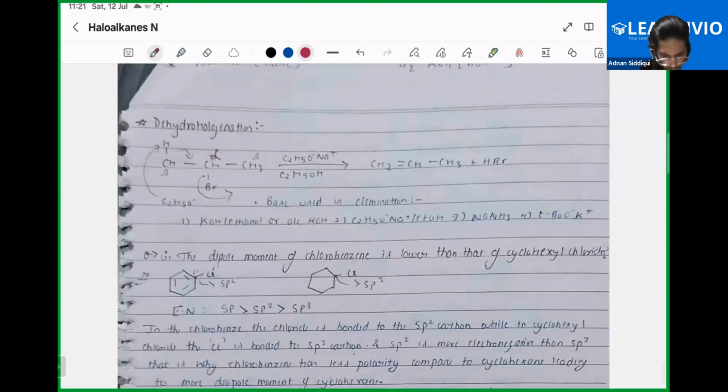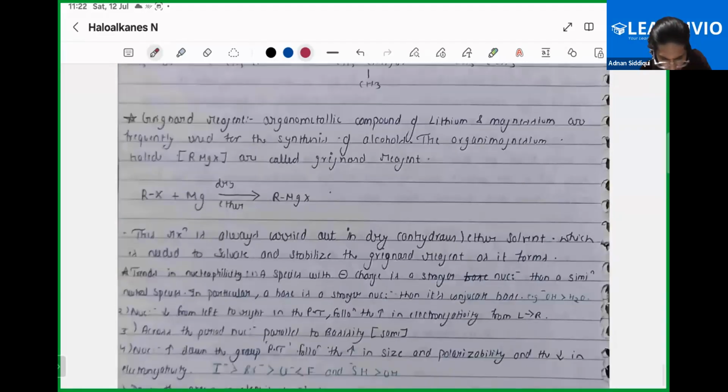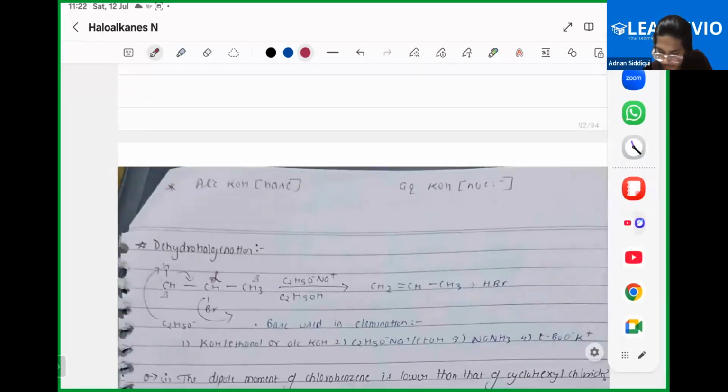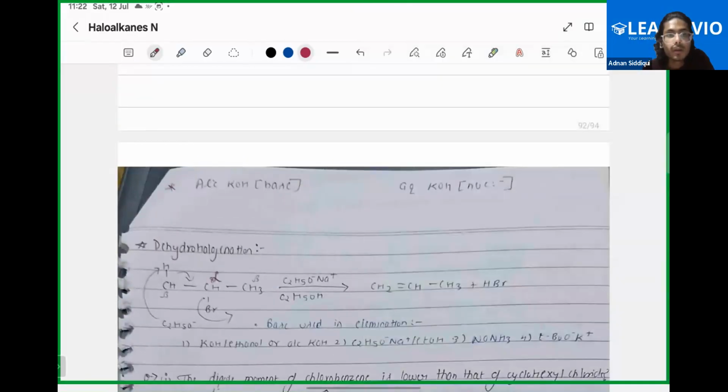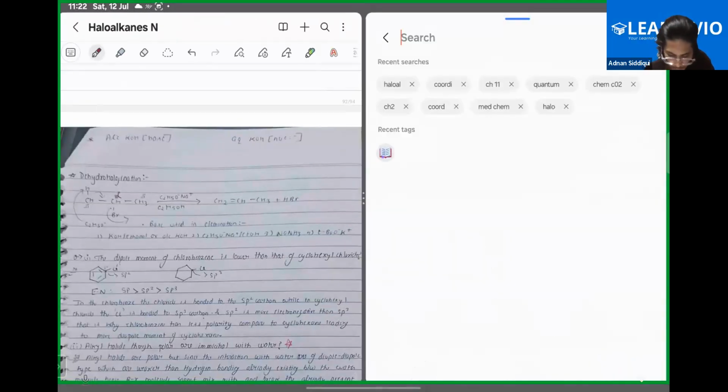I think I have added that page or not. Hmm, I have not added that page. Wait a second. What is the name of this PDF? Chapter 10.